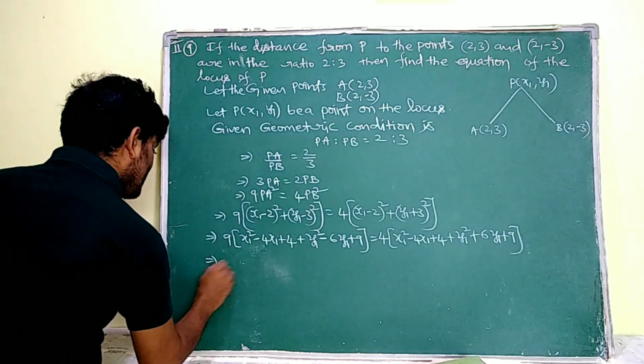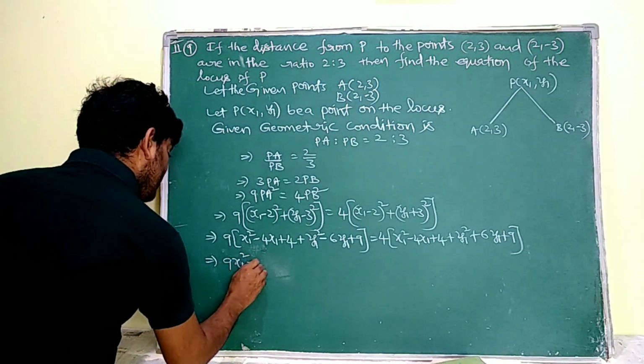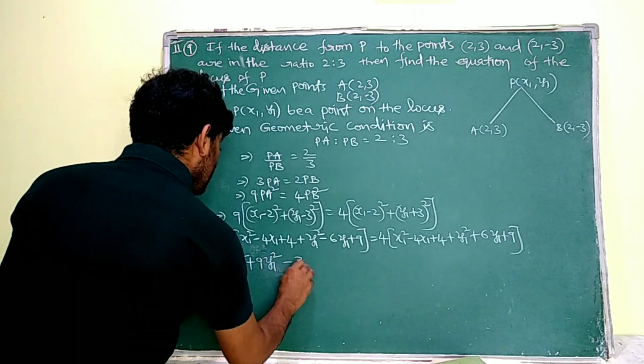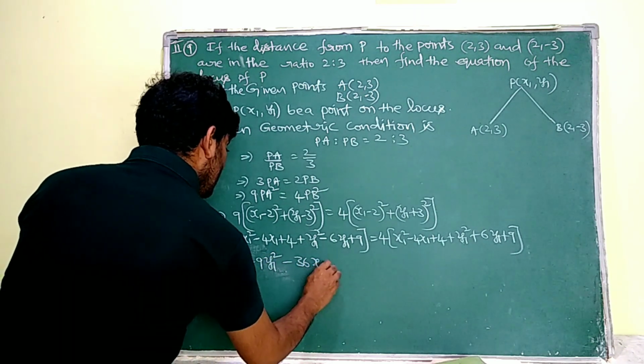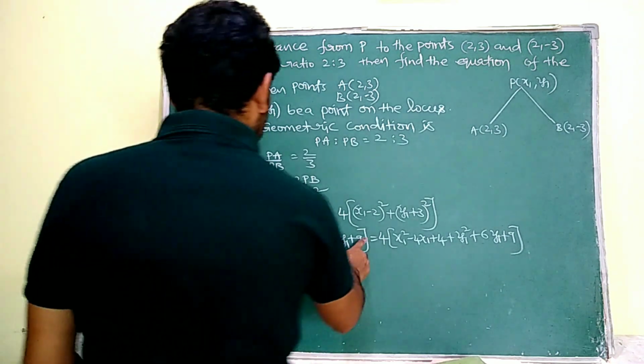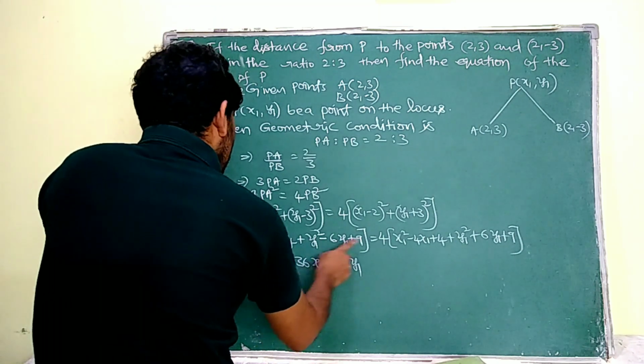Just write 9x1 square plus 9y1 square, 9 4s are 36x1, 9 6s are 54y1, and 4 plus 9 is 13.